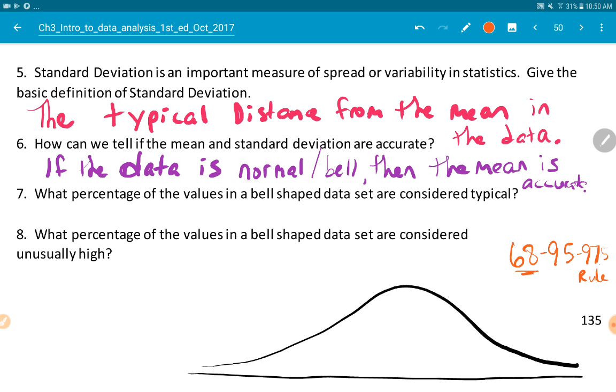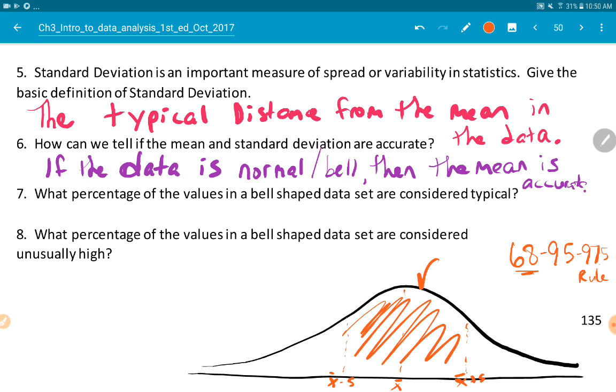So that 68 represents this middle 68%. That is around the mean. So if the mean is right here, if I go left 1 standard deviation or right 1 standard deviation, then I'm still in that 68%. So this part is the 68%, and that is the typical.